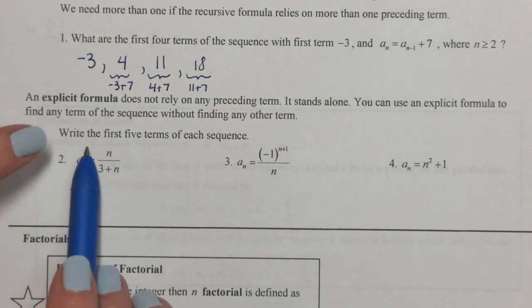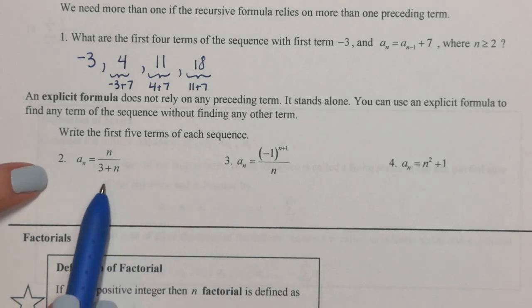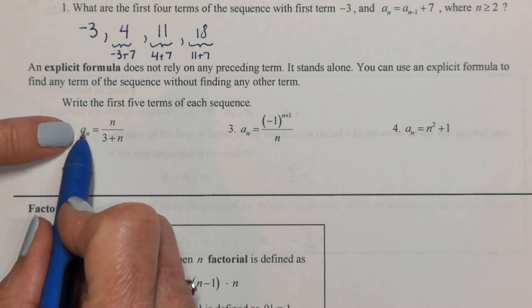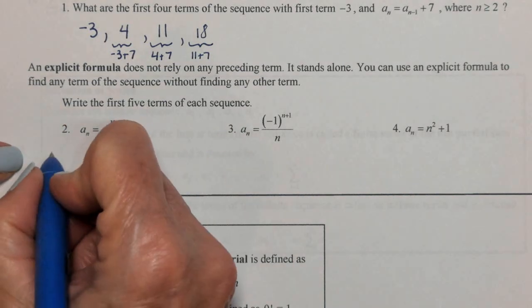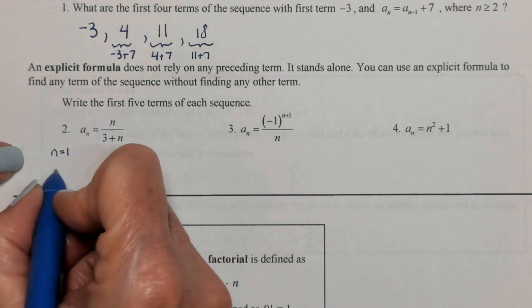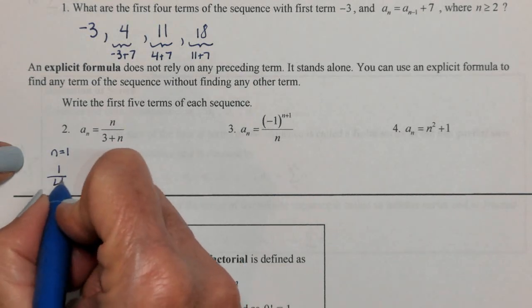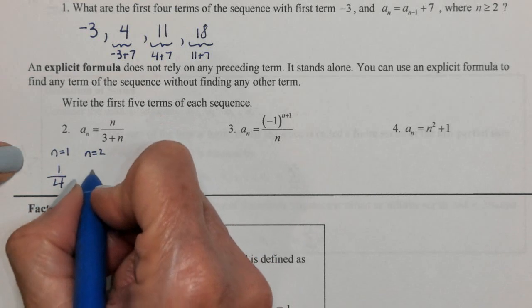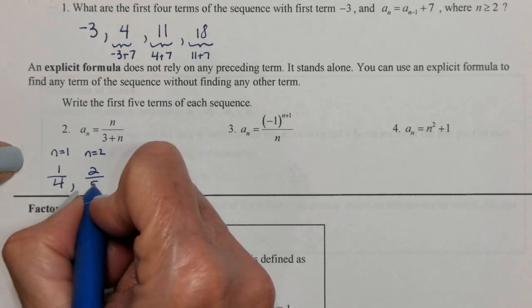So let's write the first 5 terms of each of these sequences. So the first term is when n is 1. So when n is 1, I will have 1 over 4. That's my first term. When n is 2, I'll have 2 over 5.